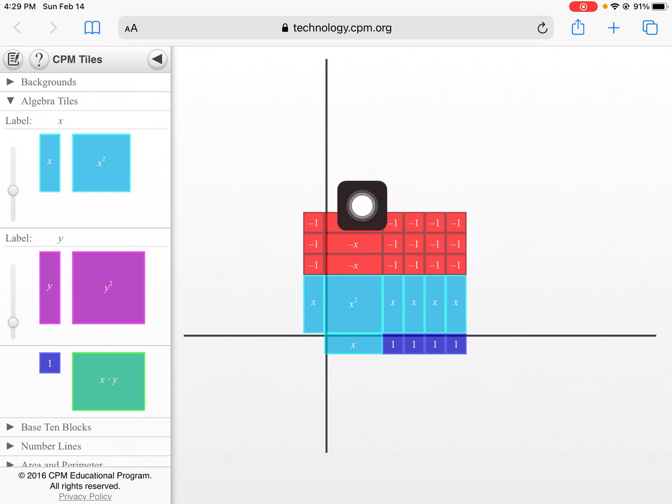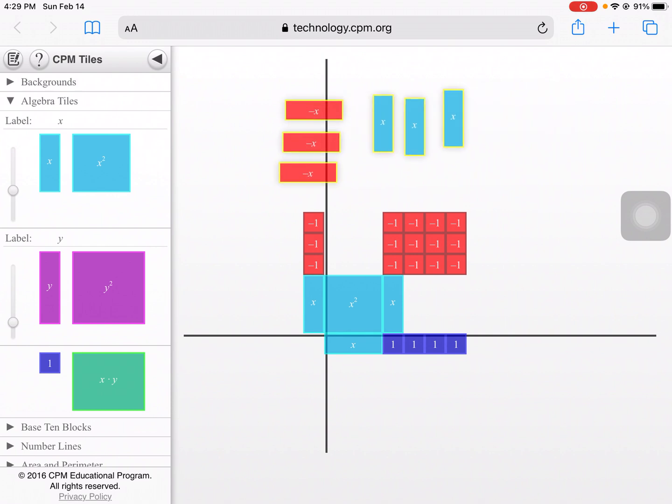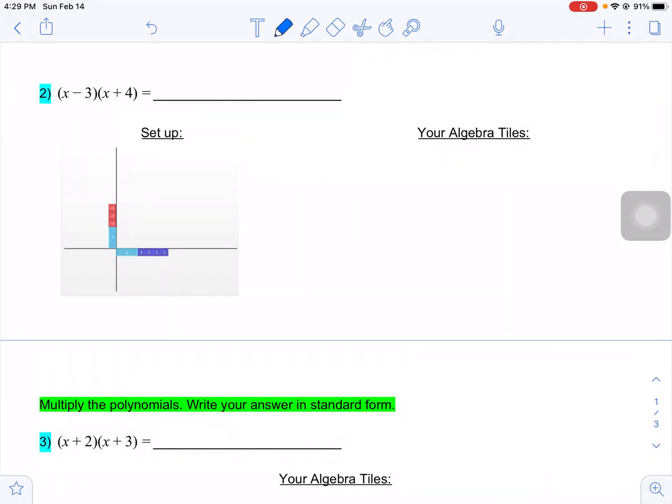And then once I've filled in my rectangle, I look for 0 pairs next. And so these negative x tiles will combine with these positive x tiles. So I'm going to make those 3 0 pairs go away. And now I'm down to x squared plus x minus 12. And so let's go over here. Oops, I forgot to screenshot.